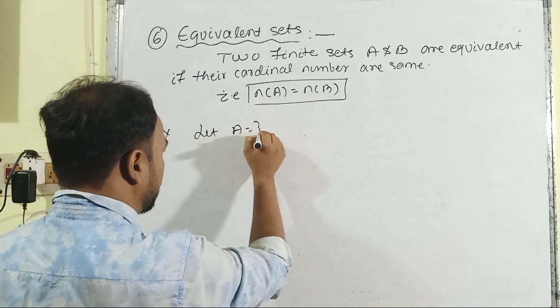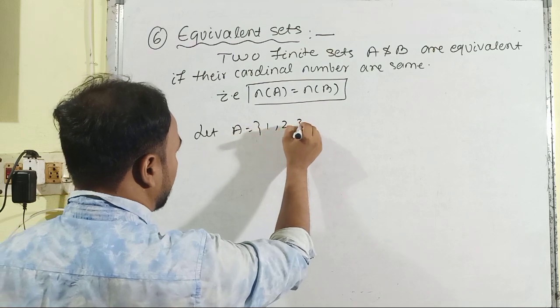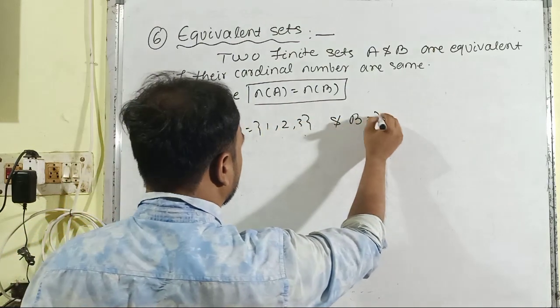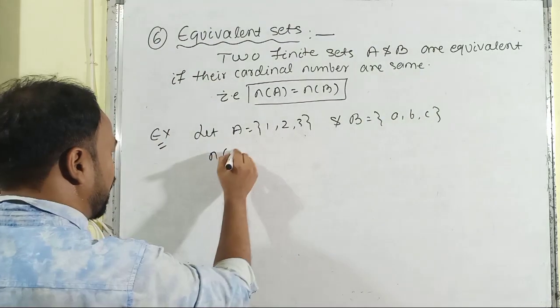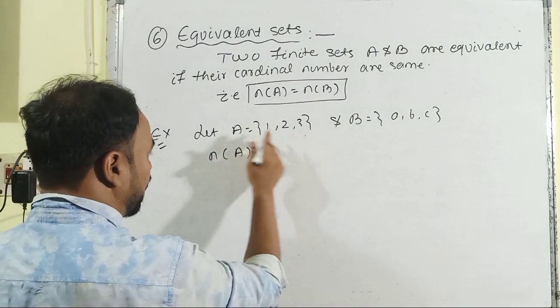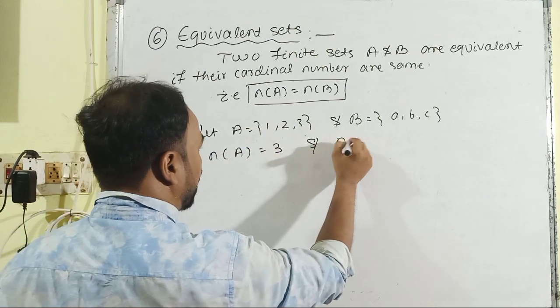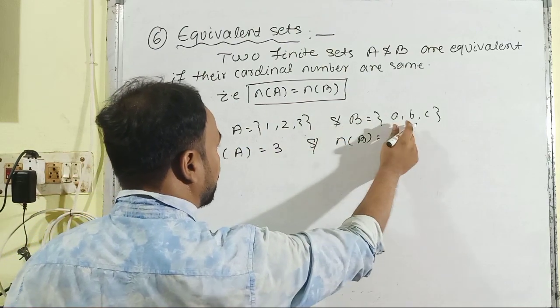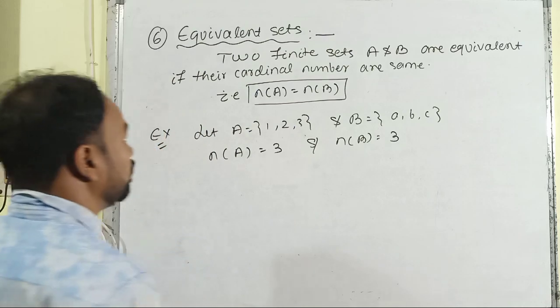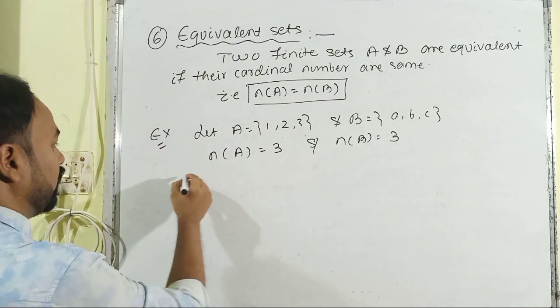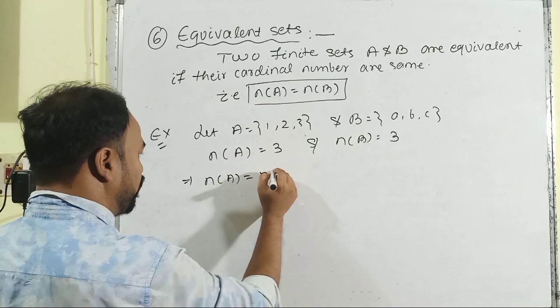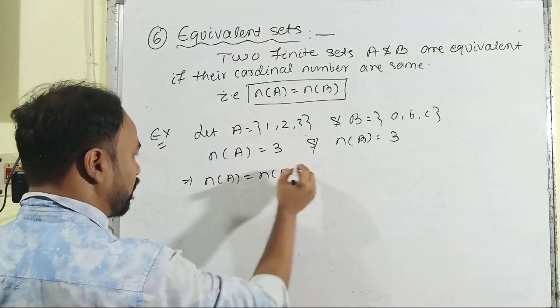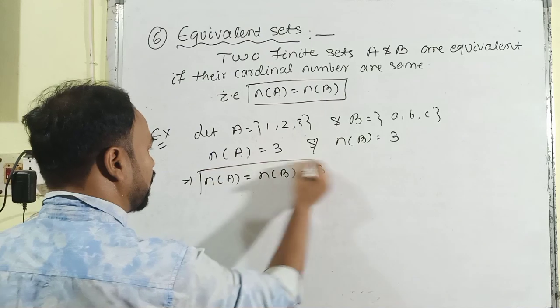Let A be a set containing the elements 1, 2, 3, and B be a set containing the elements, suppose, a, b, c. And here you can see that the number of elements in the set A is 3, and the number of elements in the set B is equal to 3. Then you can see that the number of elements present in the set A is equal to the number of elements present in the set B, which is 3.